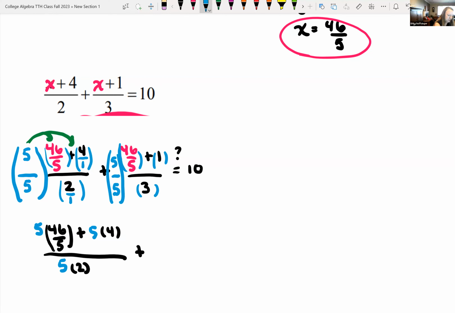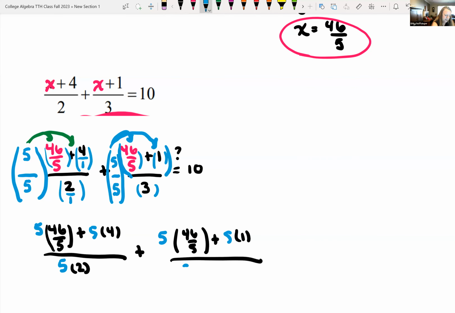We have to distribute the 5 to each term inside the numerator. So we would get 5 times 46/5 plus 5 times 1, all over 5 times 3. Does this equal 10?